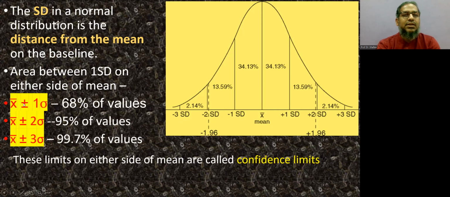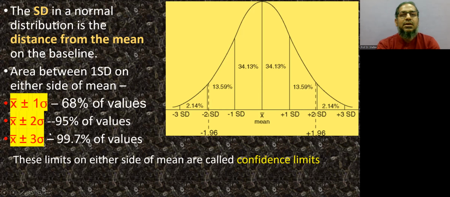If we take the mean ±1 standard deviation, approximately 68% of the values will fall within it. If you take the mean +1 and -1, this area is given as 34%, 34%.